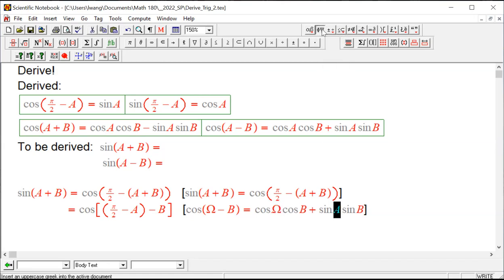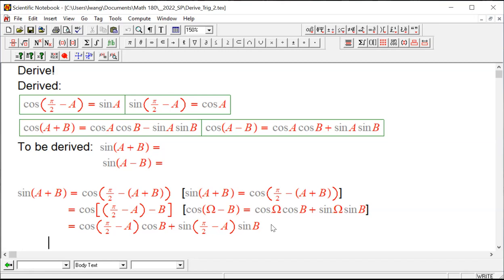So cosine of omega minus b is cosine omega cosine b plus sine omega sine b. We apply the formula, so we have cosine omega cosine b plus sine omega sine b.